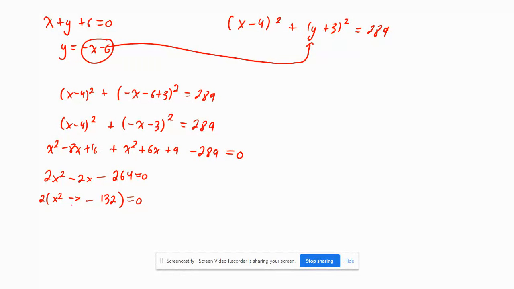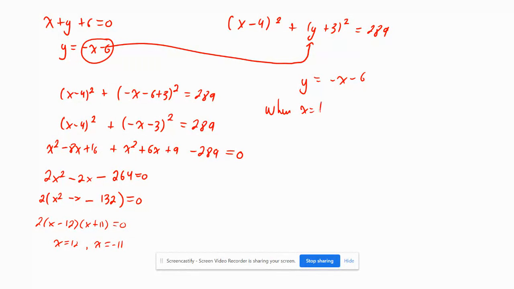Now, guys, this guy factors again really nicely for us to (x minus 12) and (x plus 11). So we get x equals 12 and we get x equals negative 11. Okay, so I have y equals negative x minus 6.